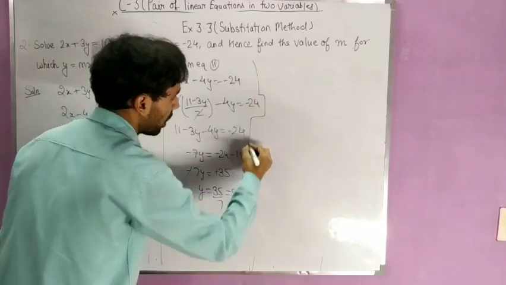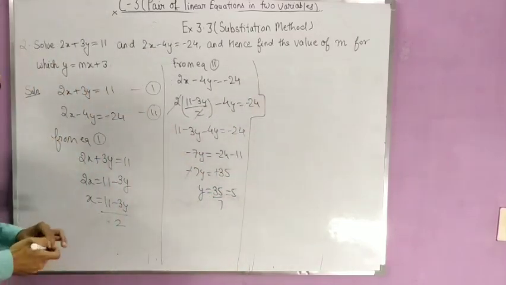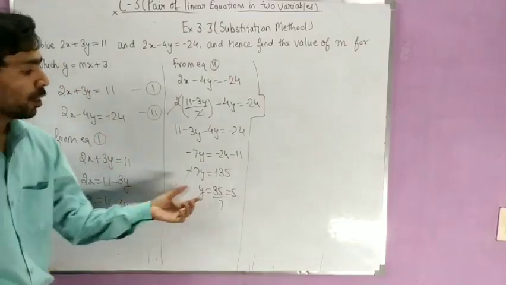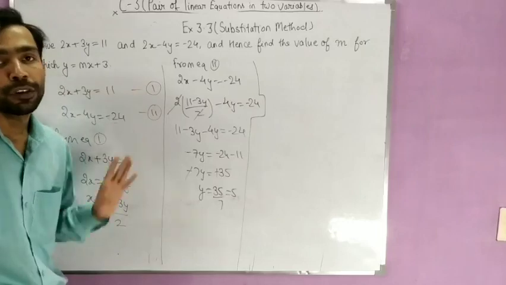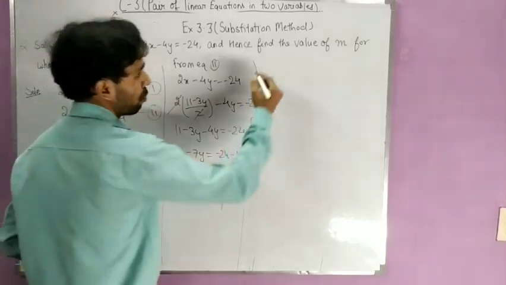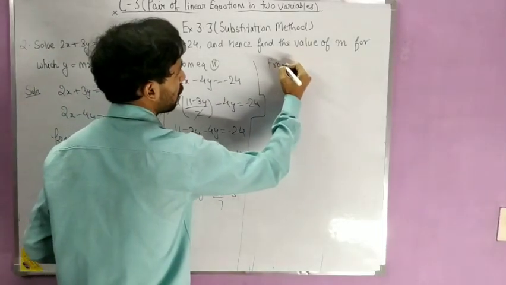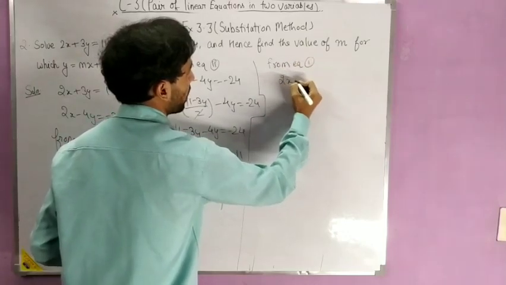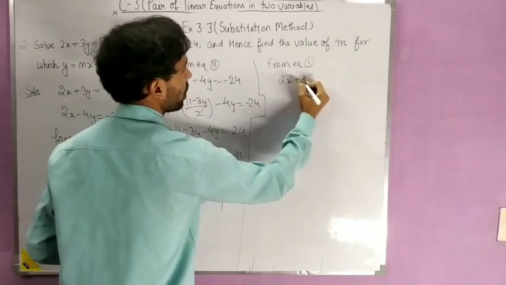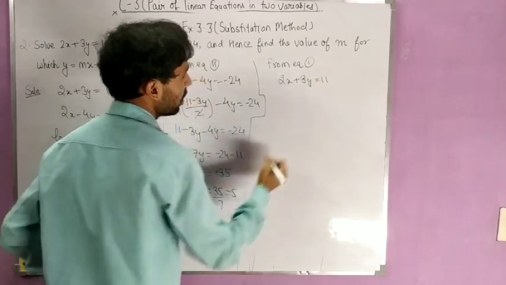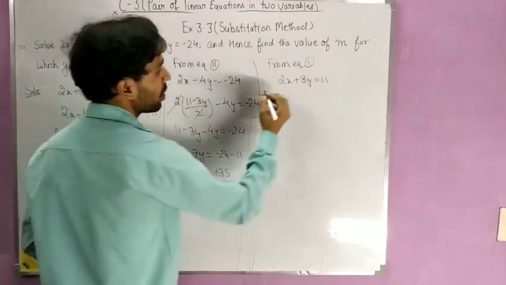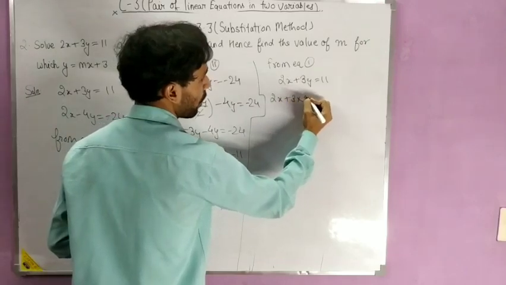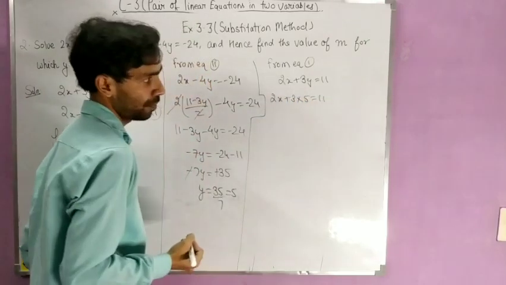Now you got the value of y. You can put the value of y in any of the two equations. I am taking equation number 1: 2x plus 3y equal to 11. Now put the value of y here. So 2x plus 3 into 5 is equal to 11.